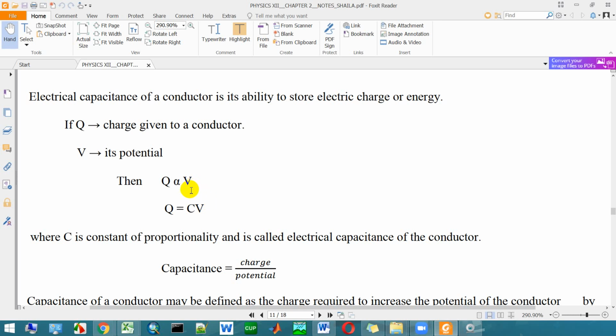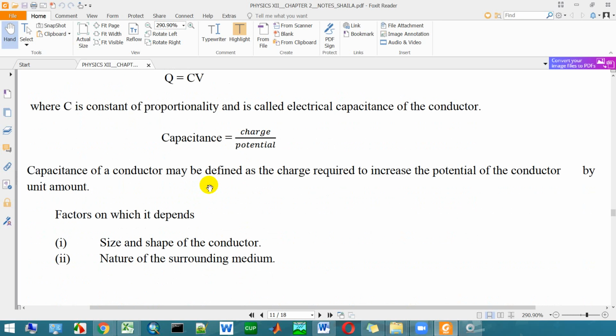V is the potential difference between the two conductors. The capacitance of a conductor is defined as the charge required to increase the potential of the conductor by unit amount. So this is the way you can define capacitance also. The factors on which it depends are the size and shape of the conductor and the nature of the surrounding medium.